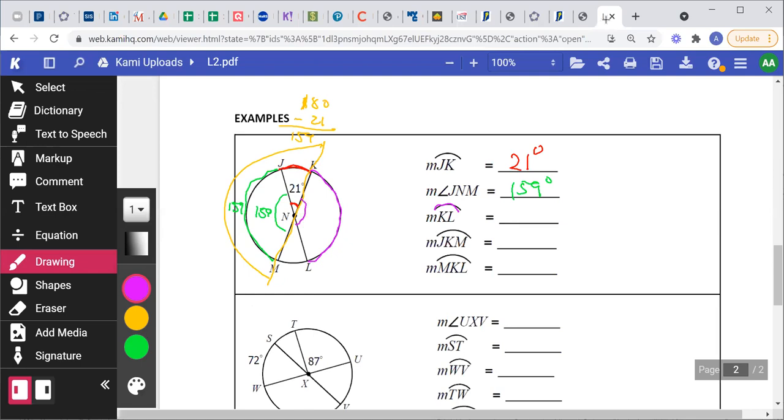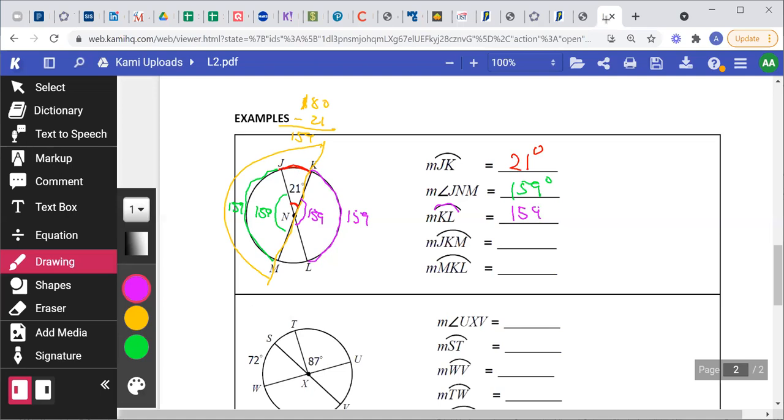Opposite angles, they're gonna be congruent. So this angle here is 159 as well. And if an angle is 159, the arc that is formed through it is also 159. So this arc is gonna be 159 as well. So the arc KL is gonna be 159.